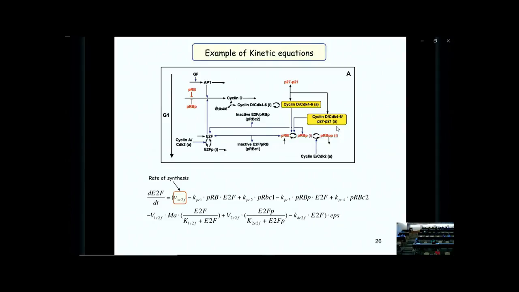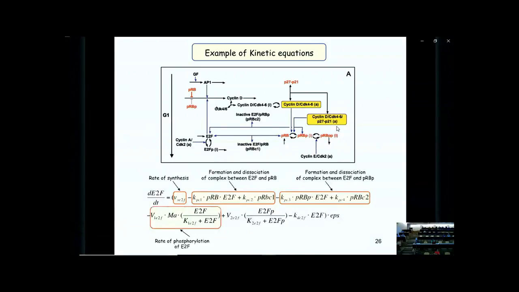So here, for example, one of the equations: the system contains a large number of variables, no less than 39 variables. One of the variables is E2F. This is the rate of synthesis, the formation and dissociation of a complex between E2F and PRB, formation and dissociation of the complex between E2F and the phosphorylated form of PRB, phosphorylation of E2F, dephosphorylation of E2F, and then degradation of E2F.